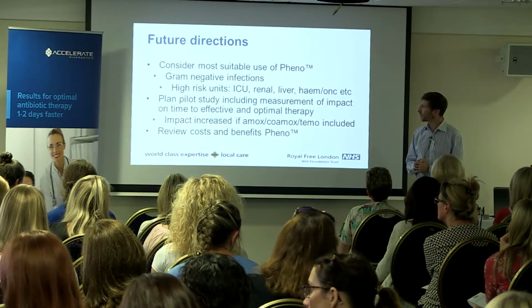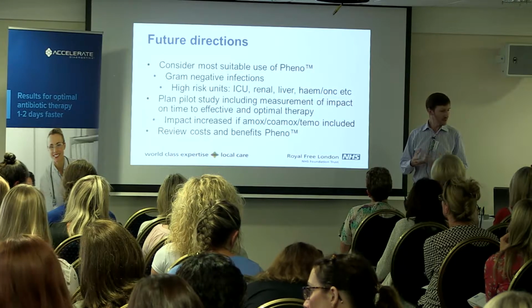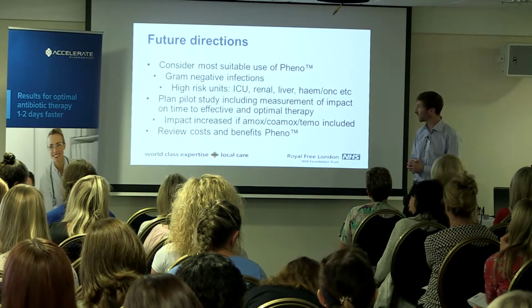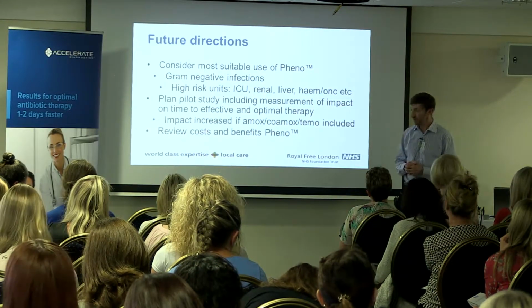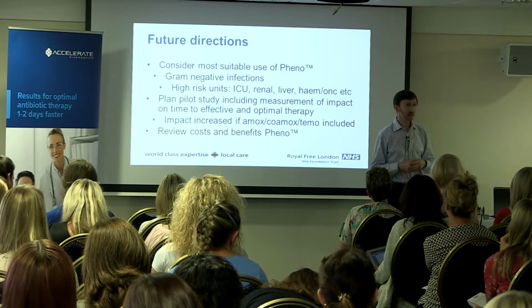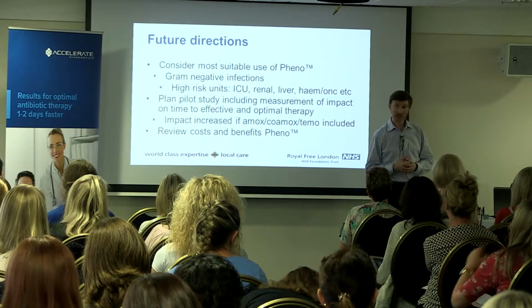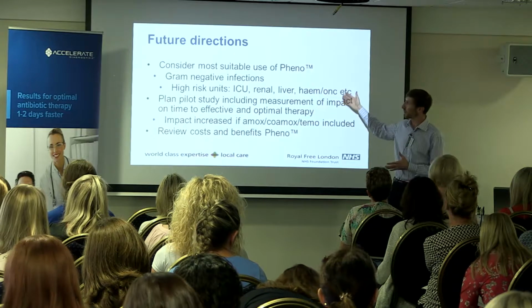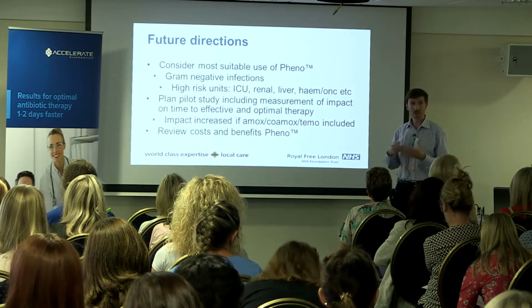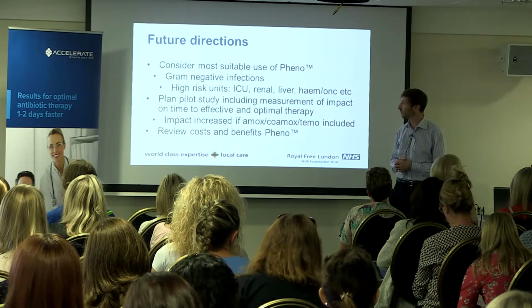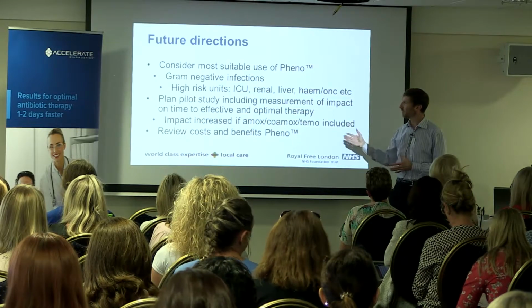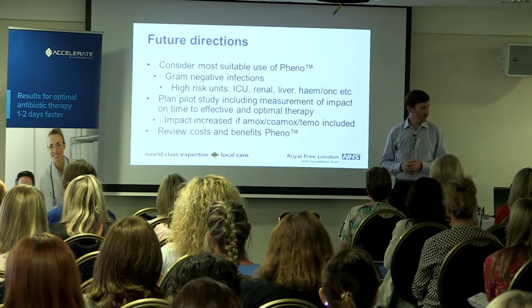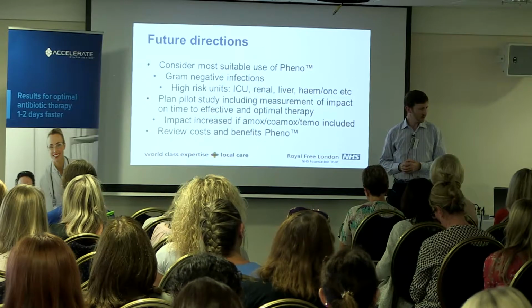And we think the impact could be increased if there were these additional antibiotics on the panel. And then the bottom line there is we'd next need to look at the cost effectiveness. So these are probably the highest cost units in terms of the high cost of infection or inappropriate treatment. And again, we think the potential impact would be greatest in those units.